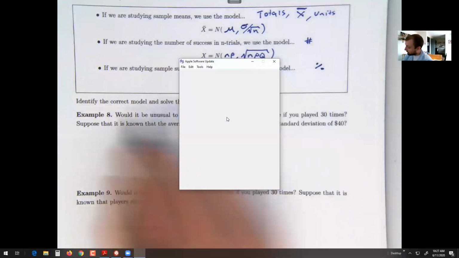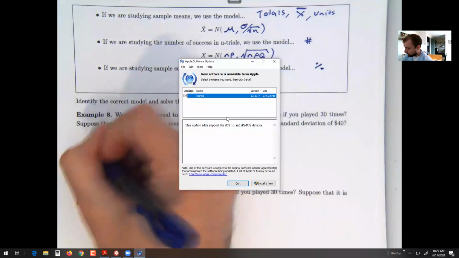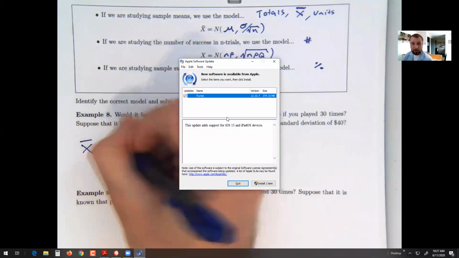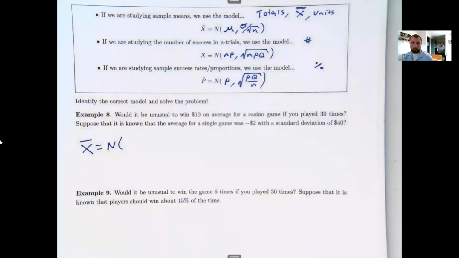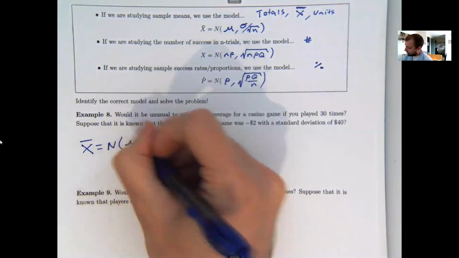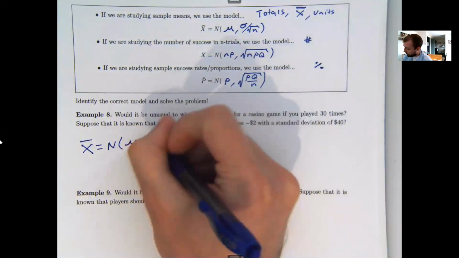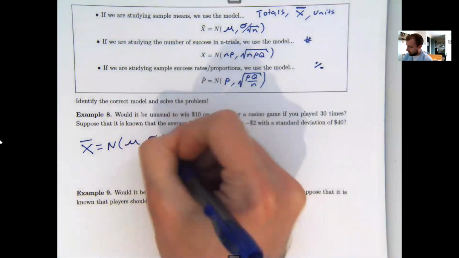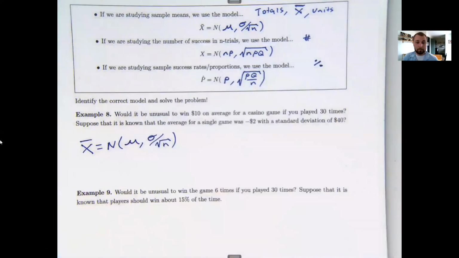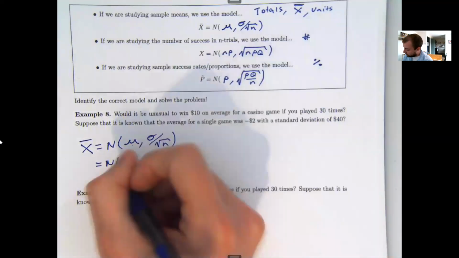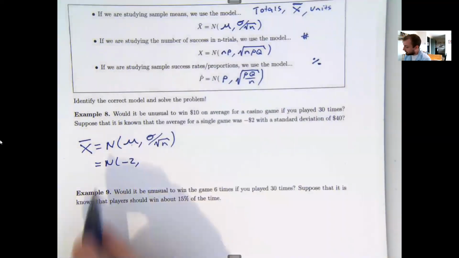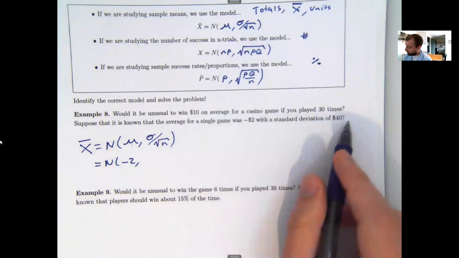So this question is going to be an x bar style question. X bar is normally distributed with a center of mu and a standard deviation of sigma over the square root of n. My mu in this case is -2. My standard deviation in this case, they're telling me, is 40.